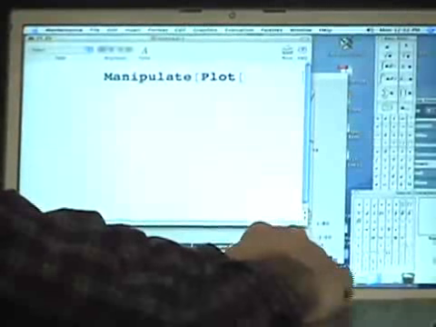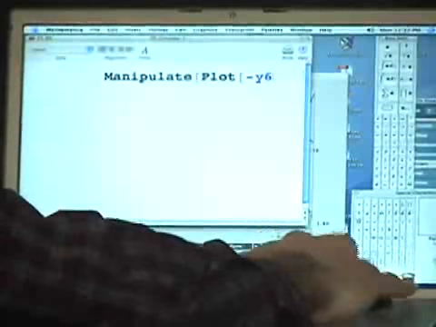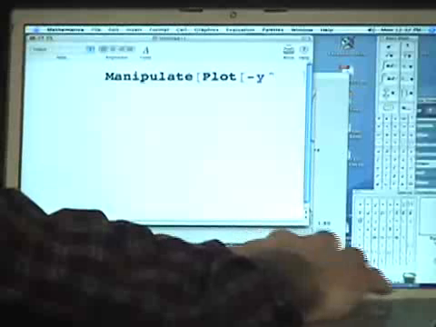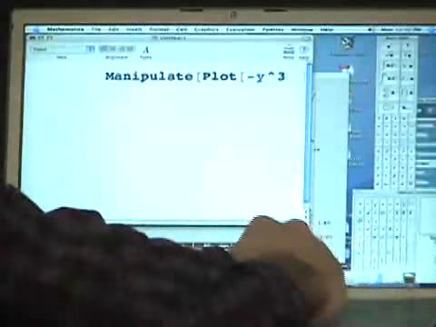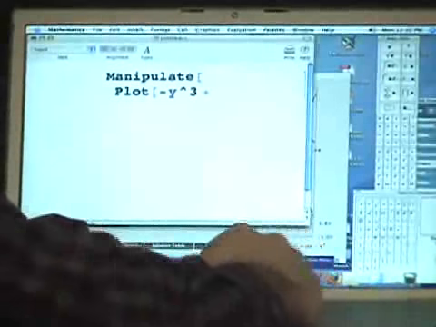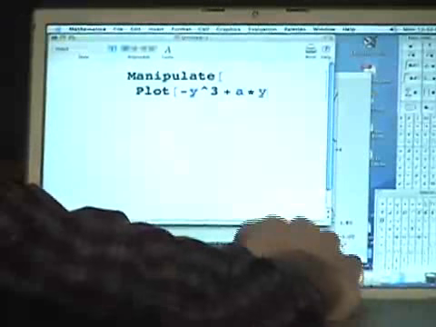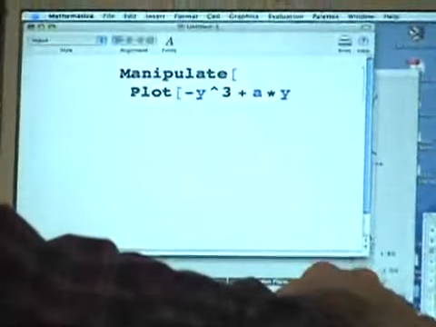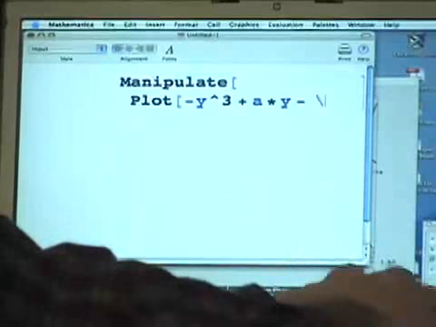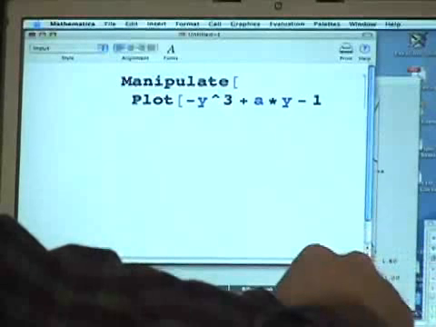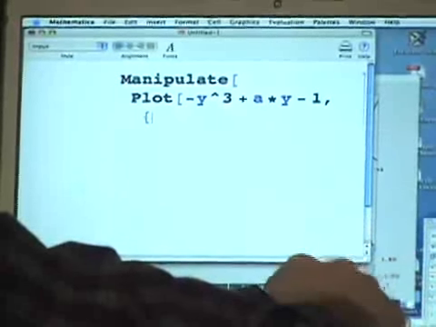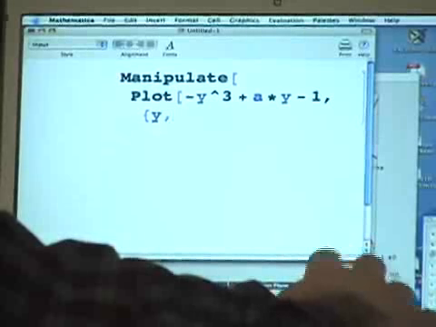So my function is negative y cubed plus alpha times y. I'll just type it in as an a. Keep it simple here. Minus 1. I'm plotting that with y being on the horizontal axis.